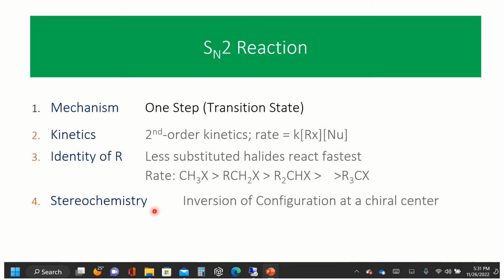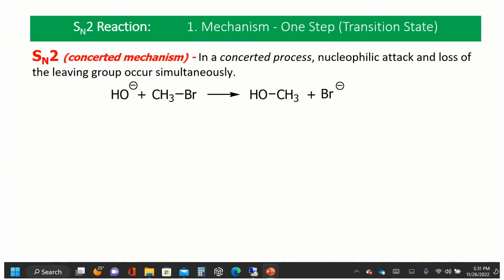The resulting stereochemistry also is important to us. There's an inversion of configuration at a stereogenic center. If we look at this mechanism, here we have the hydroxide with an alkyl halide. So the alkyl halide itself is the electrophile, and so we identify the electrophilic center here, this carbon.